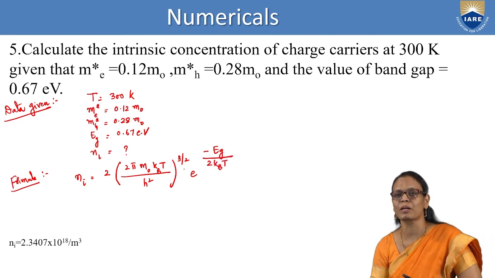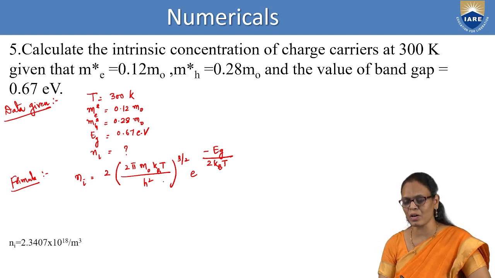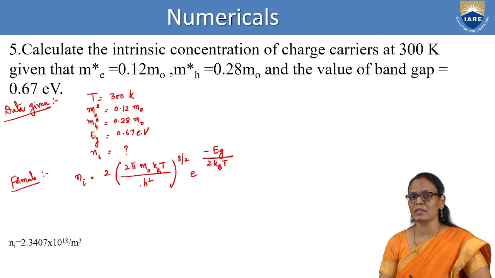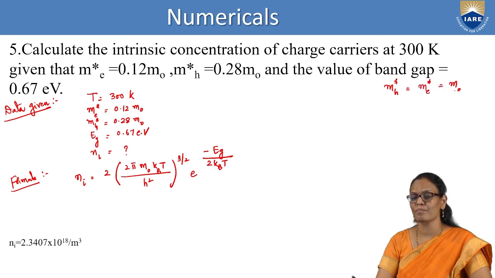So this is the formula. But we need to modify this formula slightly because this is the formula after approximating that Me star is equal to M naught. We have made an approximation that the effective mass of the hole is equal to the effective mass of the electron is equal to M naught.